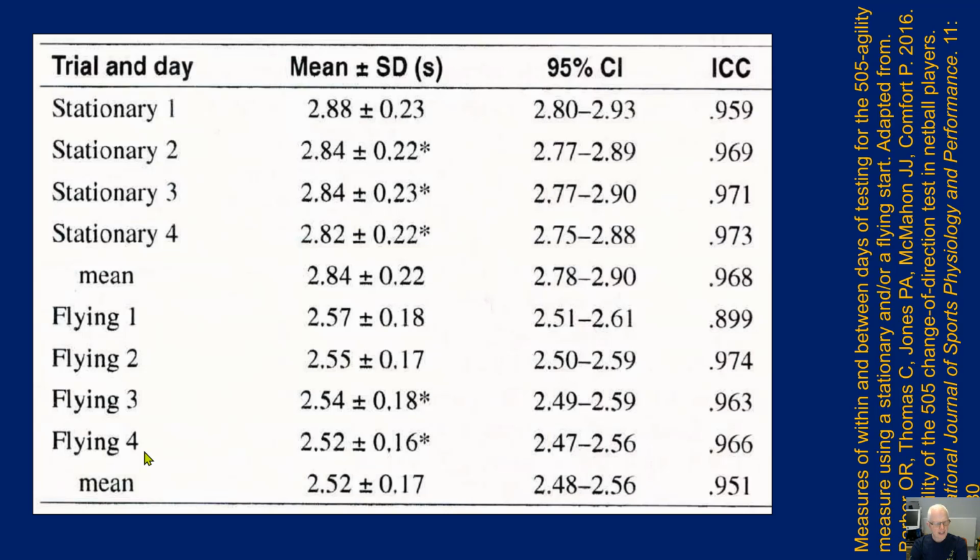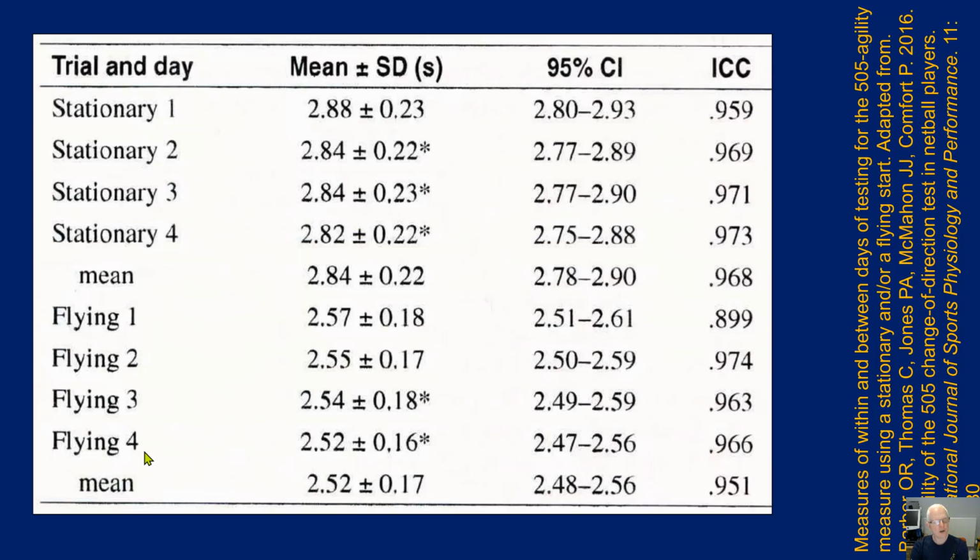What it's saying with flying is you need at least 2 practice trials before you get consistent results, because flying 3 and 4 are not significantly different, but trials 3 and 4 flying wise are both significantly different to trials 1 and 2. With the stationary, trials 2, 3 and 4 are not statistically different, but they are statistically different to what we have for trial 1.